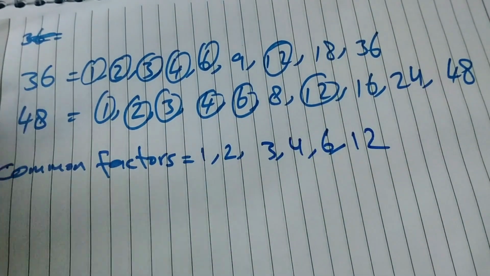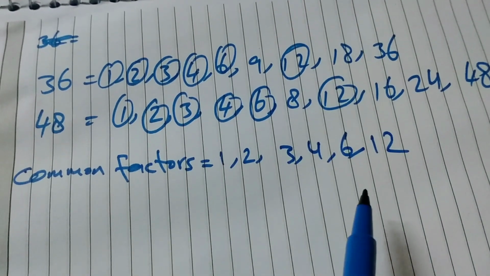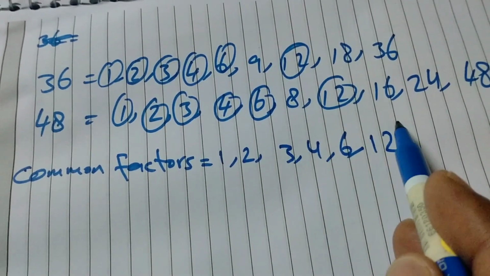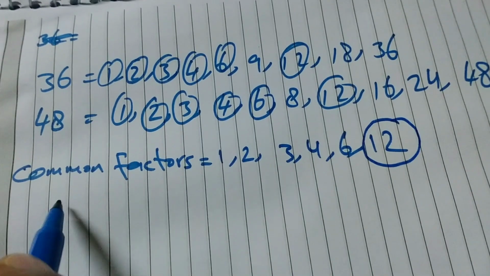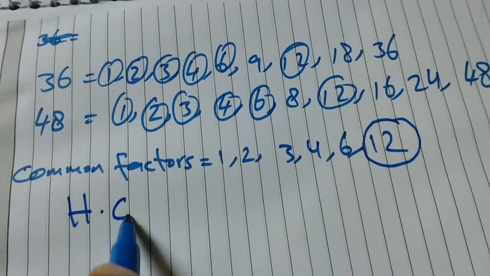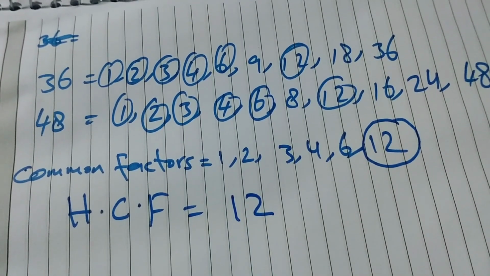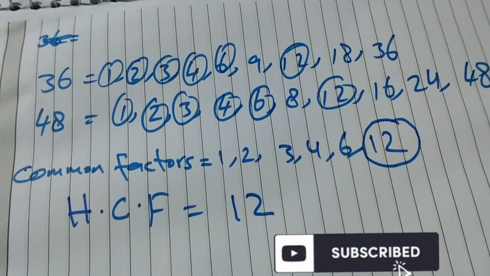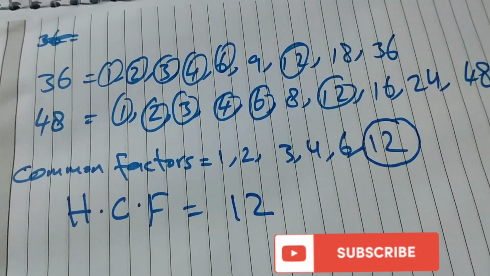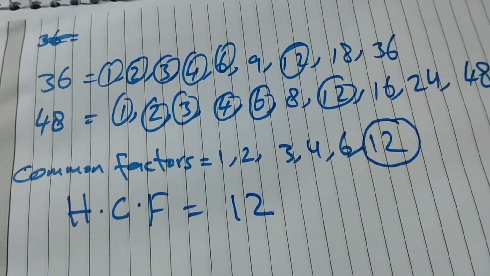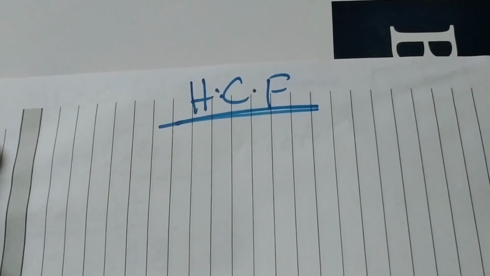After getting the common factors, we will see the highest common factor. The highest common factor is 12. That will be our HCF. So HCF is 12. What is the HCF of 36 and 48? That is 12. 12 is the highest common factor of 36 and 48. Clear, my dear? After understanding the concept, we are going to learn the techniques or tricks.